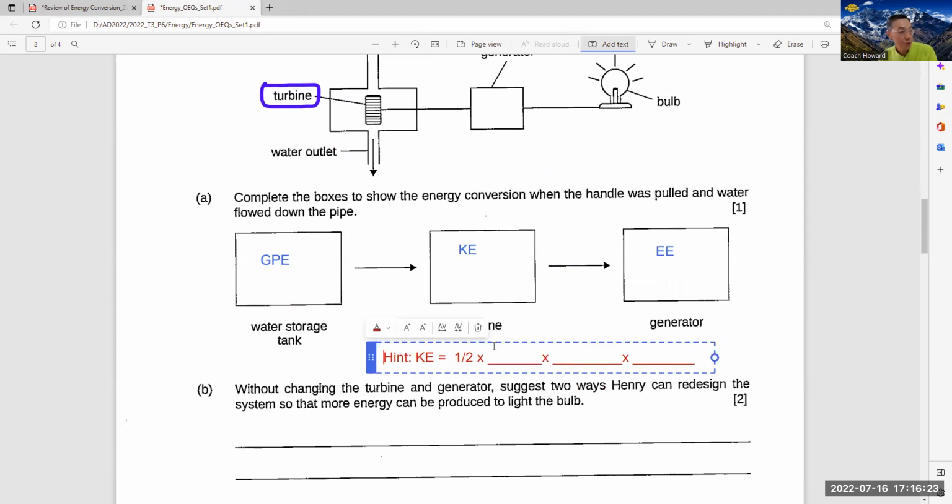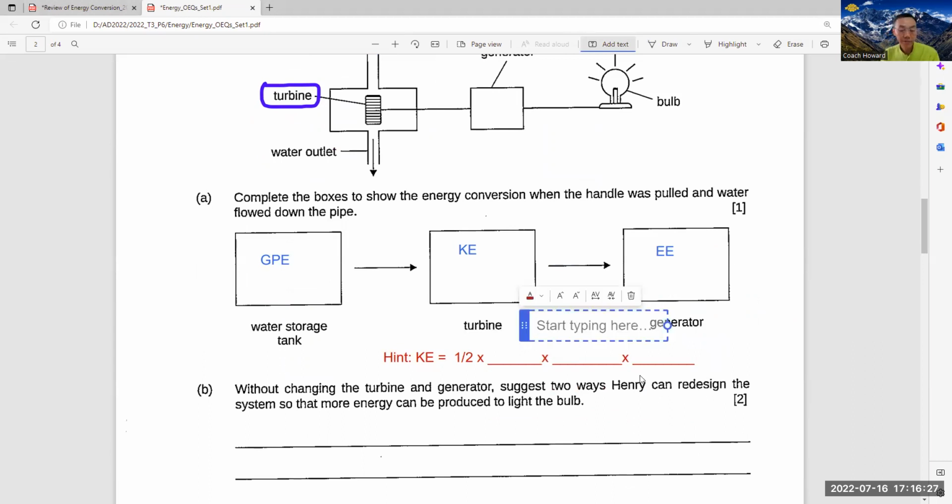Some schools taught you kinetic energy has a formula. It's half multiplied by the mass, so this first line is mass, and speed times speed. Actually, it's velocity, but you haven't learned the word velocity, so I use the word speed.